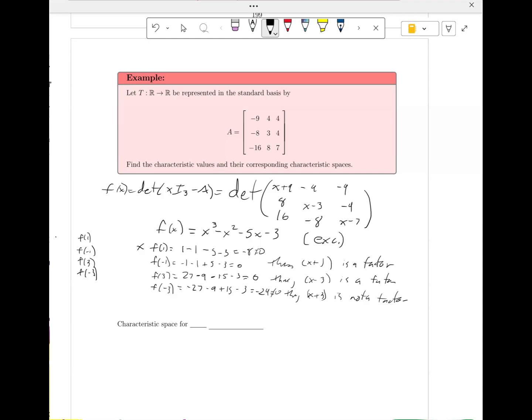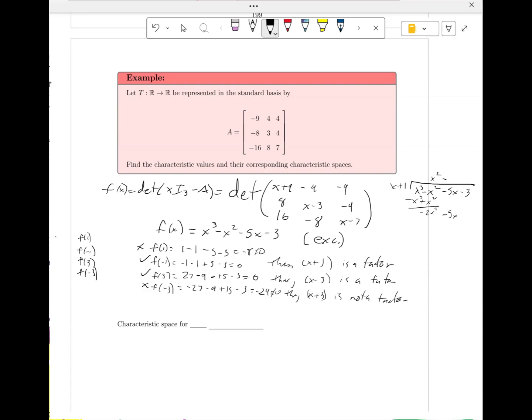Now, I could have stopped once I got one factor, but I got two factors. And now what we're going to do is divide our characteristic polynomial by one of these factors. Looking at this, I like dividing by x plus 1 because it looks nicer. So I'm going to do x cubed minus x squared minus 5x minus 3 divided by x plus 1, which gives me x squared: x cubed plus x squared, minus 2x squared minus 5x.